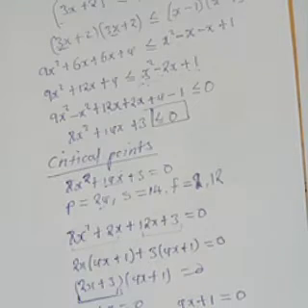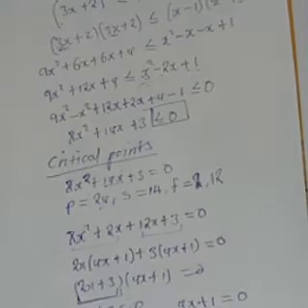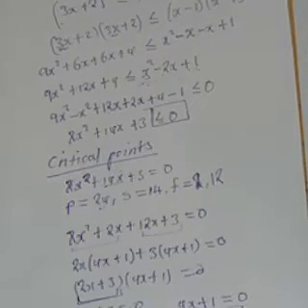X is going to be equal to negative 1 over 4. Simple. This number is less than that, because if you are moving from negative going to positive, the numbers that are closer to 0 are greater than the numbers that are far away from 0 on the negative side. Hope that point is clear.